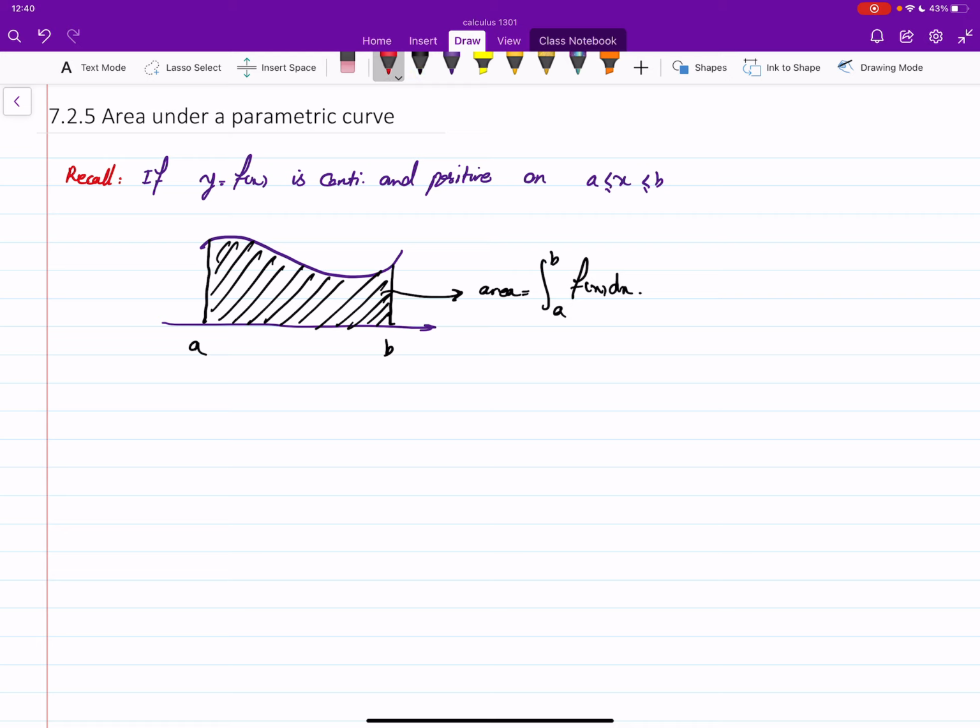Now, the question is, what if the curve is a parametric one? In other words, x and y are given as functions of t.